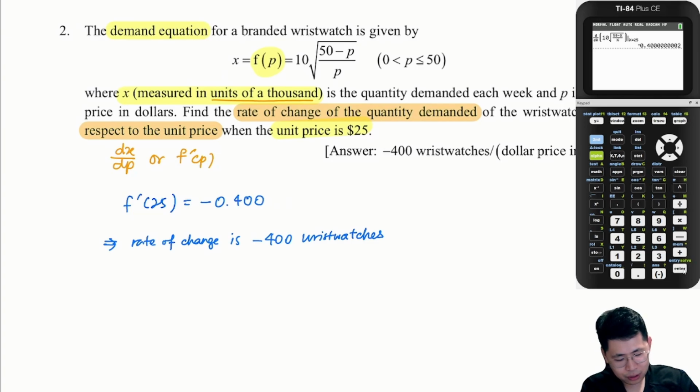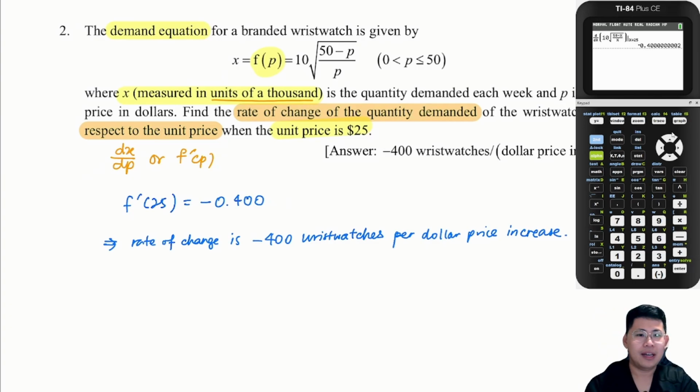The dx over here is the quantity of wristwatches, and this is the price, so this is per unit price, per dollar price increase.